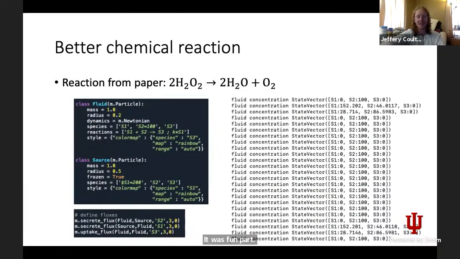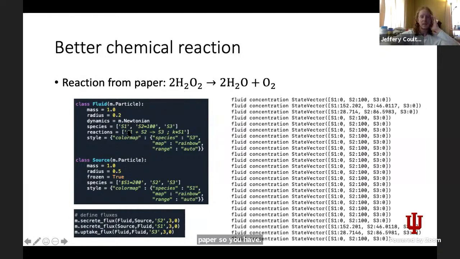This is another thing. The chemical reaction that I've been using is just one chemical species from the catalyst going to the fluid. And what I tried to do is match the equation in the paper. So you have the hydrogen peroxide reacting with catalase.